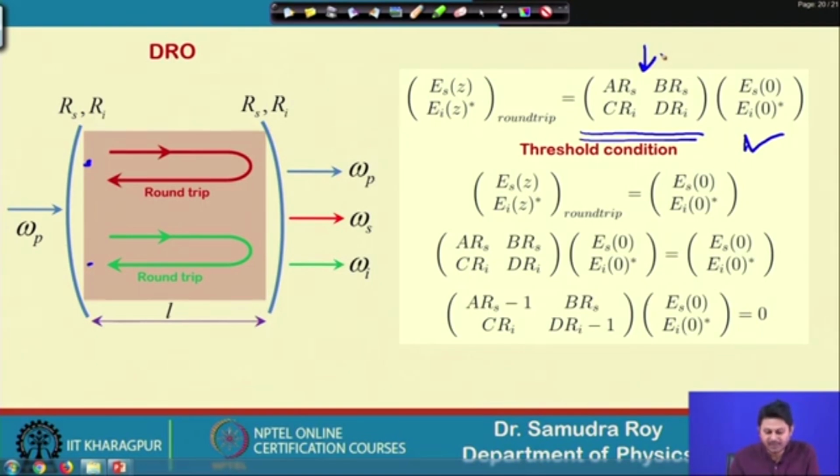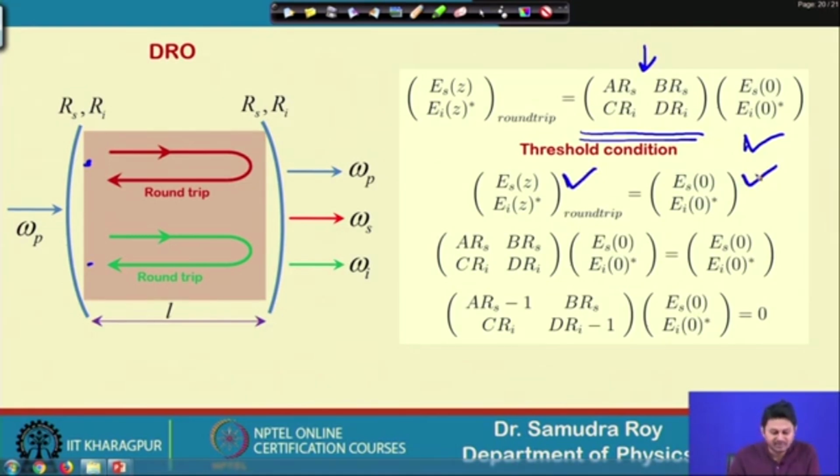In the similar way I can have the condition for gain of Ei also. And what is the threshold condition for gain? The threshold condition for the gain is that after making a round trip, the value of this field should at least be equal to whatever value we have at the starting point.